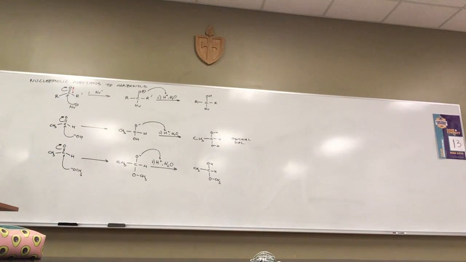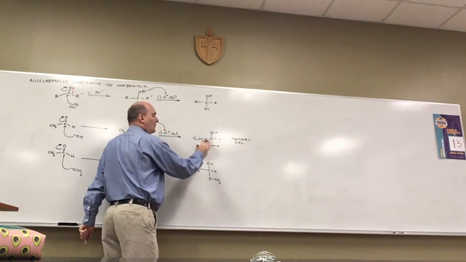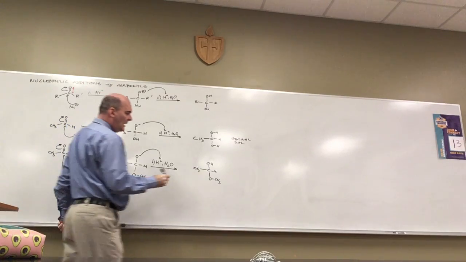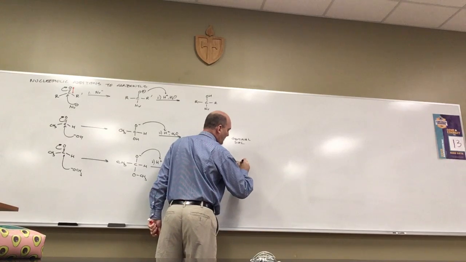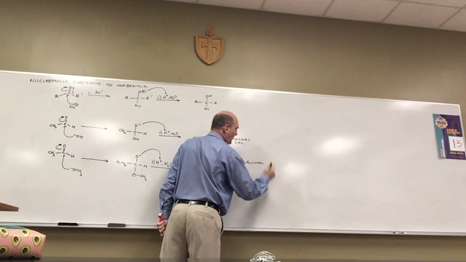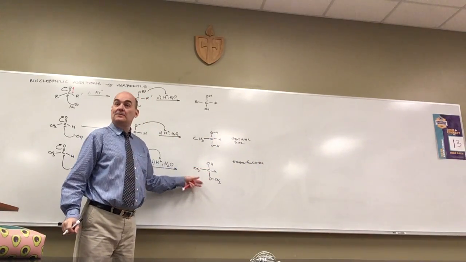So we made a geminal diol, where both alcohols in that diol were on the same carbon. And this is an ether alcohol hybrid. It is part alcohol, part ether.